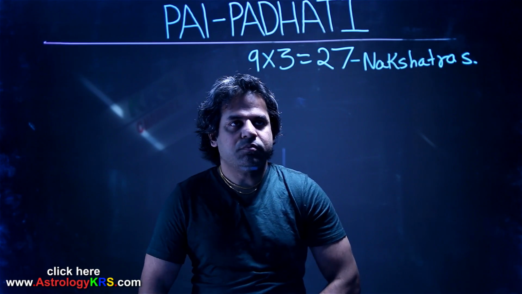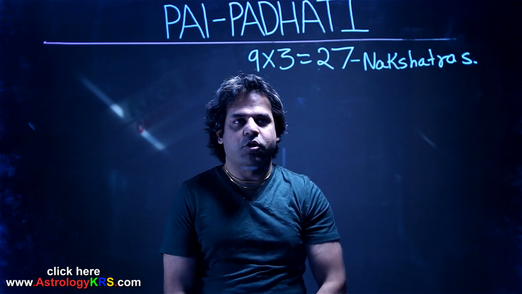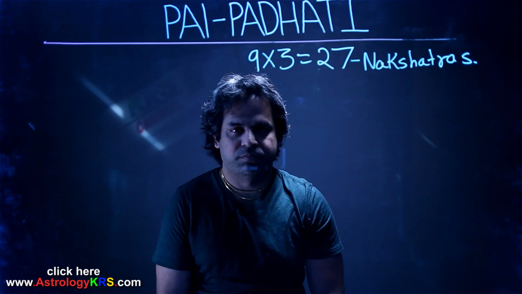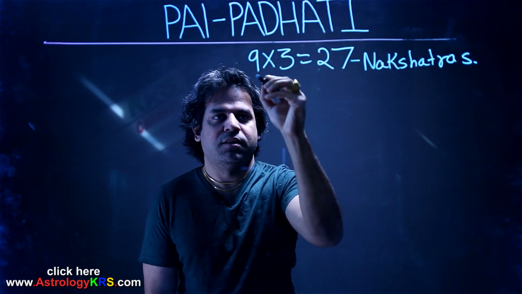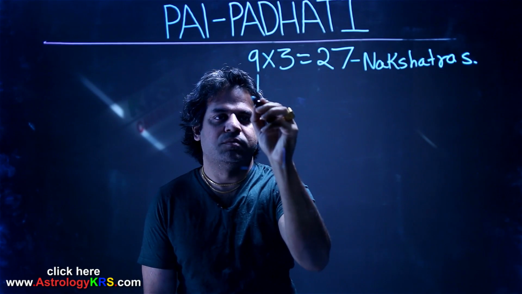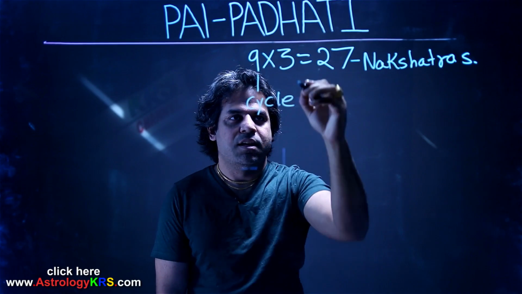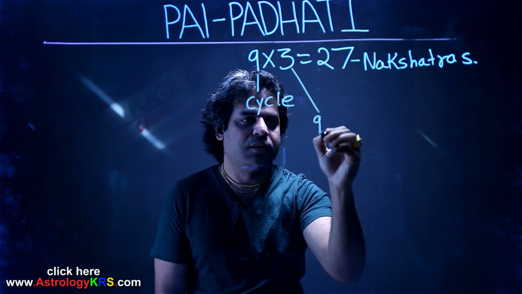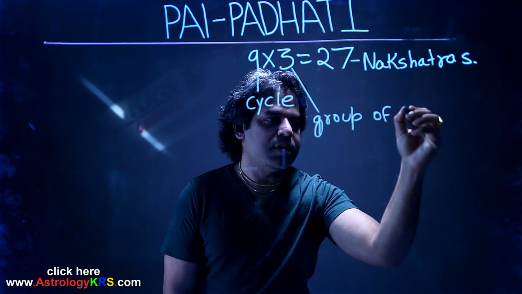Well, think of 9 as a group and 3 as a group. Think of this 9 as a cycle, 9 cycles. Think of 3 as a group of nakshatras.